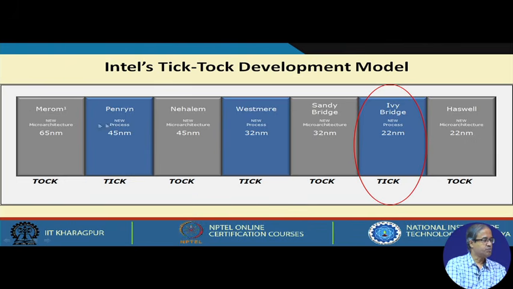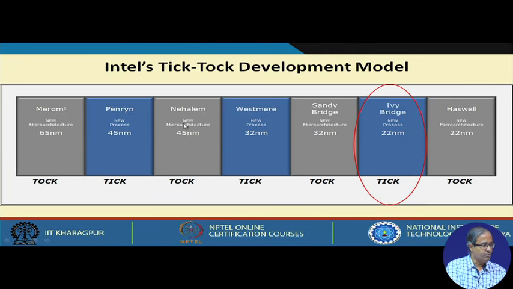Now, the same microarchitecture was moved to a new process. This was given a different name, Penryn. The same architecture was refabricated using 45 nanometer technology. This is Tick. Then in the next generation, a new microarchitecture was proposed in the same 45 nanometer technology. This was called Nehalem.